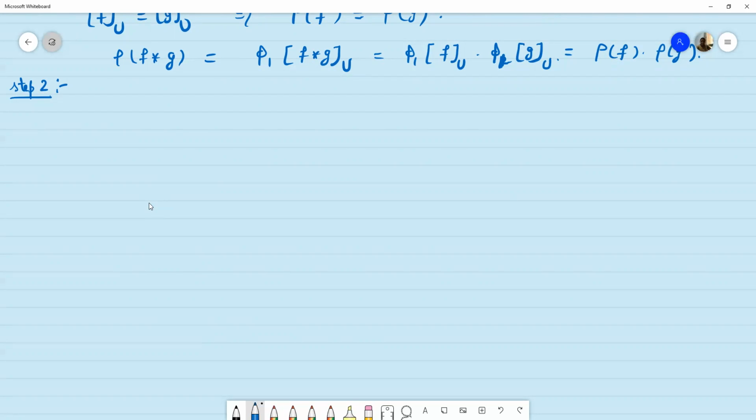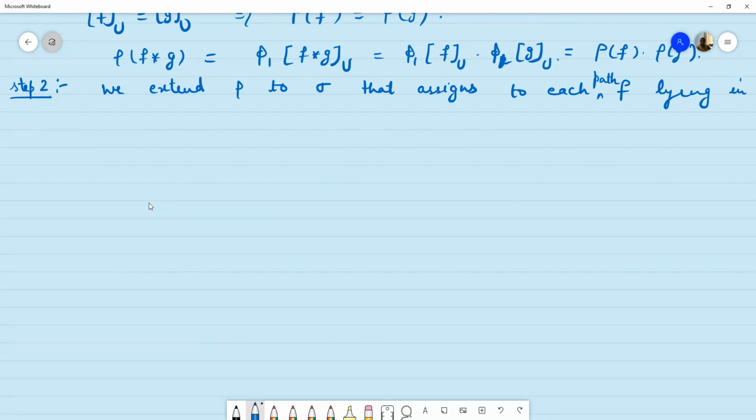But in the second step, we extend this mapping to all the paths, not only the closed paths. So we extend rho to a map sigma, and this sigma assigns to each path F lying in either U or V an element of H.